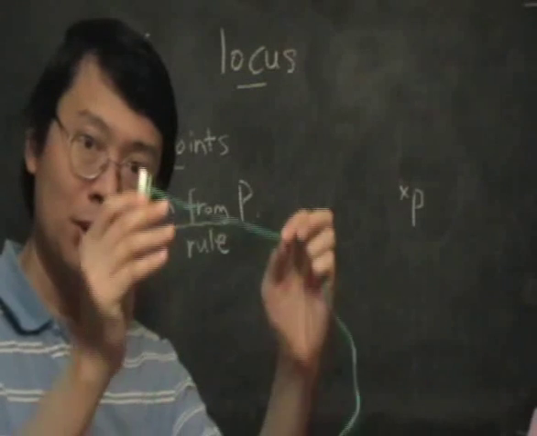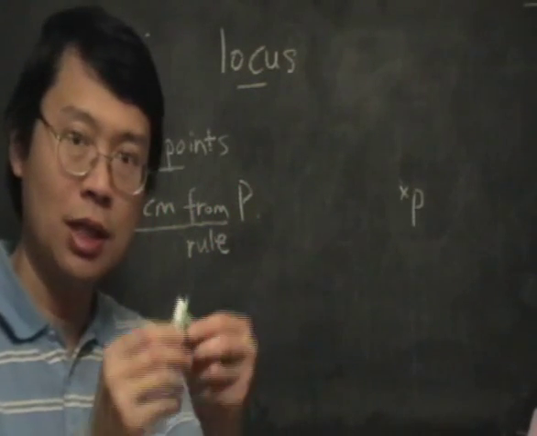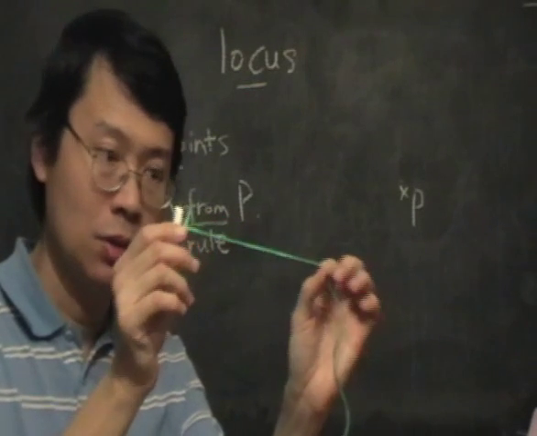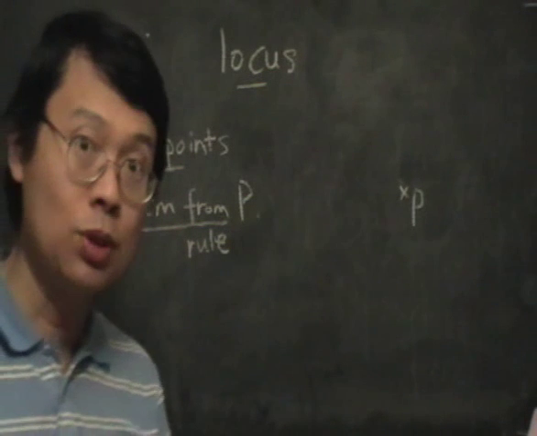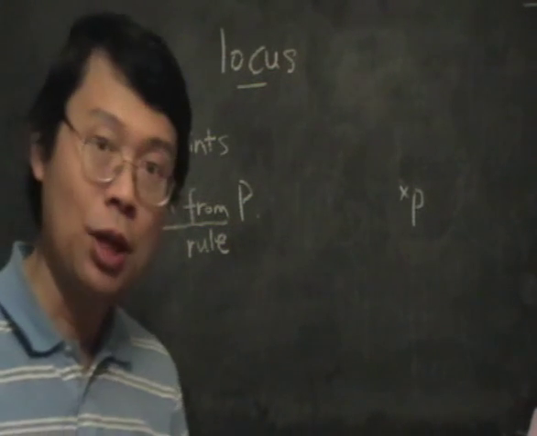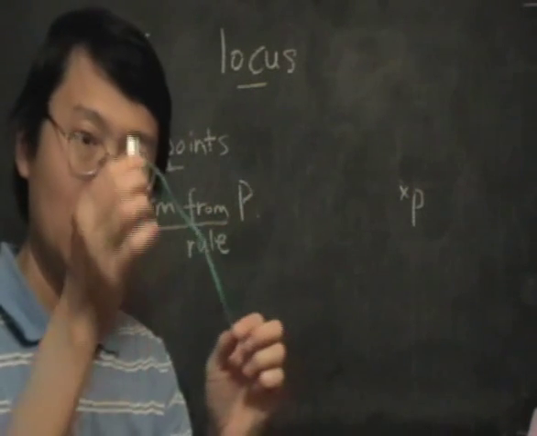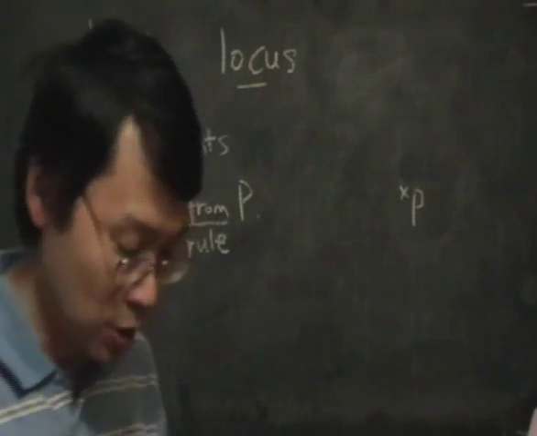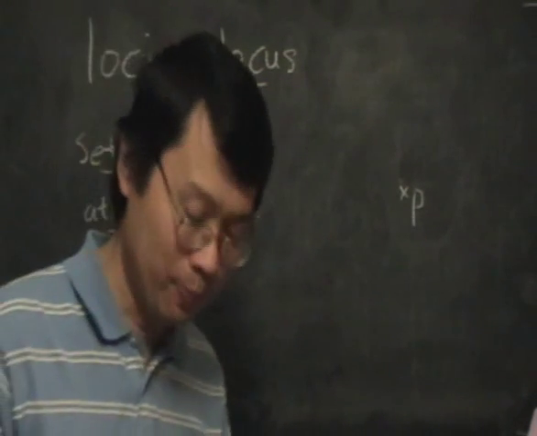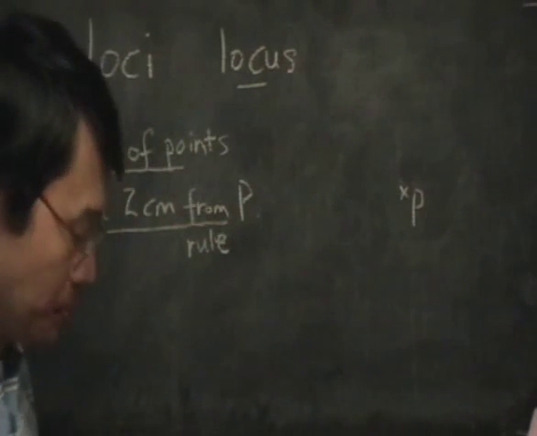So this is my compass. It's very simple. It's just a chalk which is tied to a piece of rope, a string. Of course, you have your good compass with a sharp point in place of my hand, and a pencil in place of my chalk that you can draw nicely on a piece of paper. But I'll use this piece of rope and chalk.